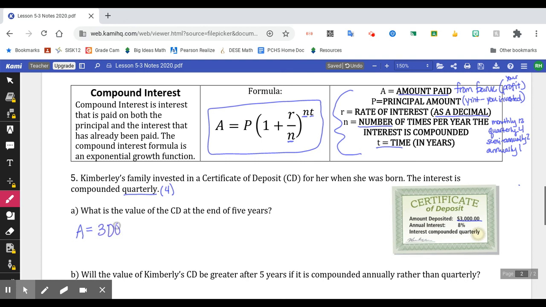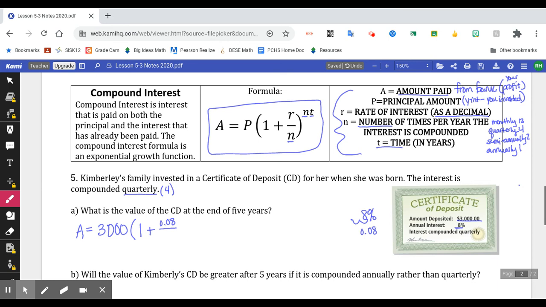So 3,000 times 1 plus, because again, it's a growth every time if it's going to earn interest. Okay. My interest rate is 8%. So 8% is going to be 1, 2 with our decimal. So it equals 0.08. So I'm going to have 0.08 divided by N.